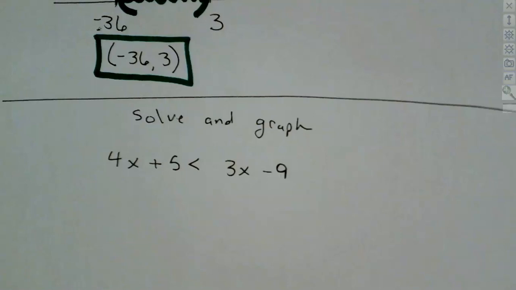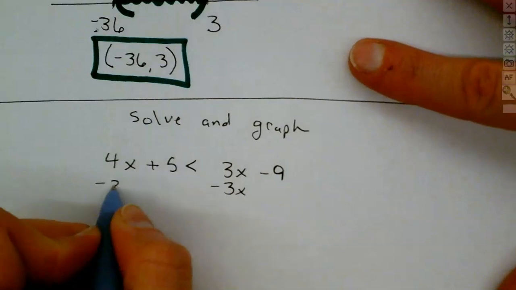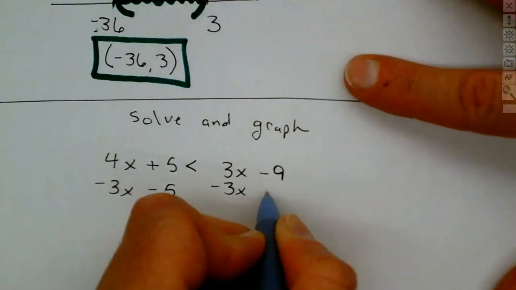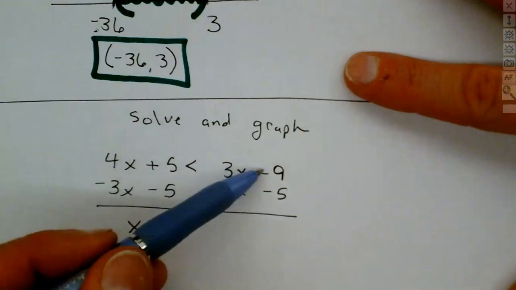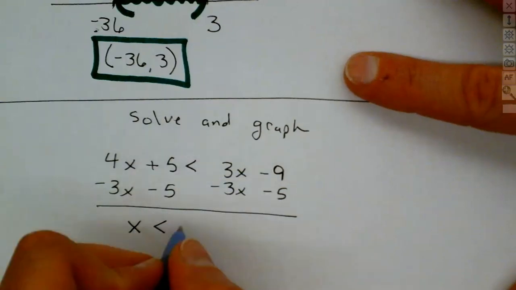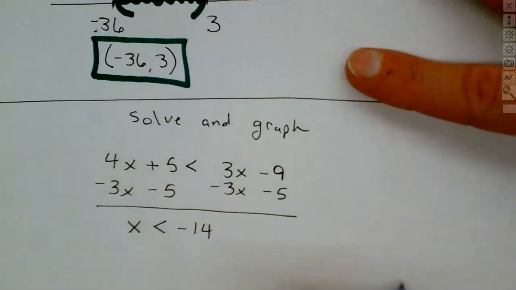So move that 3x over with subtraction. And move that 5 over as well. 4x minus 3x, it leaves you with a single x. The 5's cancel, the 3x's cancel. 9 minus 5 makes it minus 14.